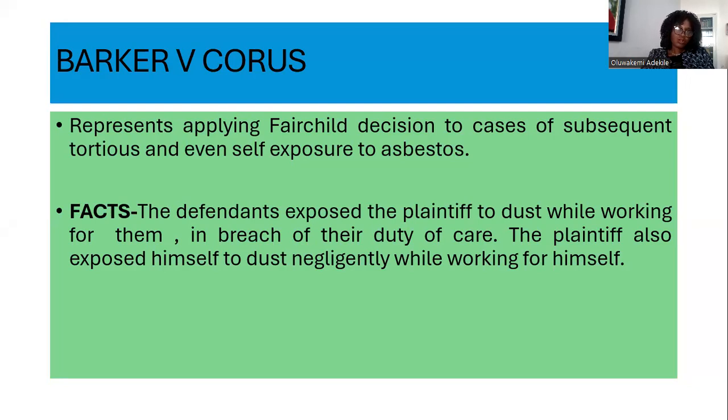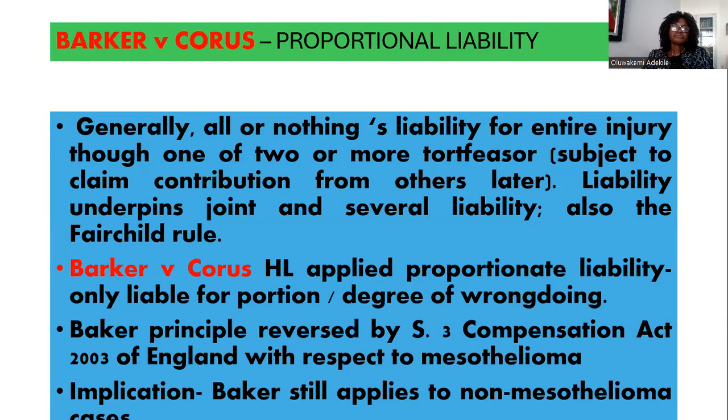But the plaintiff also worked for himself in the same industry, established his own business and worked for himself. And so the question was, this is also a place where there is the same causative agent, asbestos. One was caused by exposure by the defendant in breach of the duty of care. One was caused while the plaintiff was working for himself.